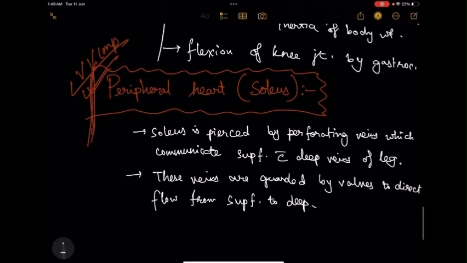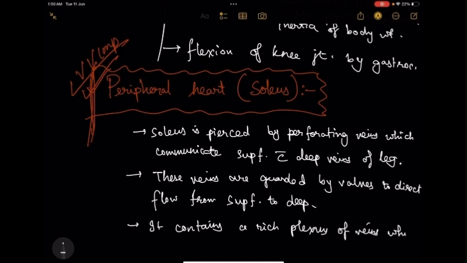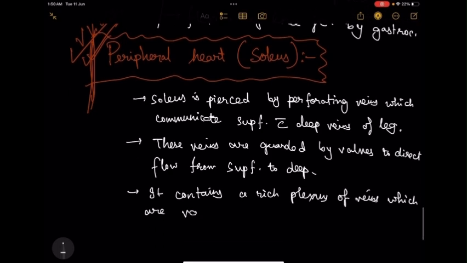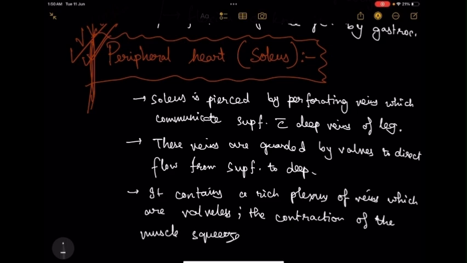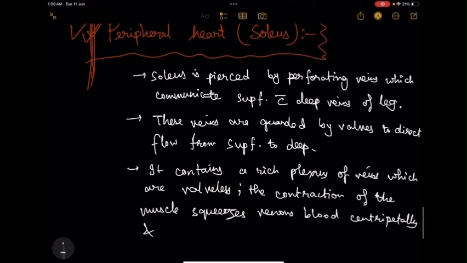The muscle contains a rich plexus of veins which are valveless. The contraction of the muscle squeezes venous blood centripetally and acts as peripheral heart.